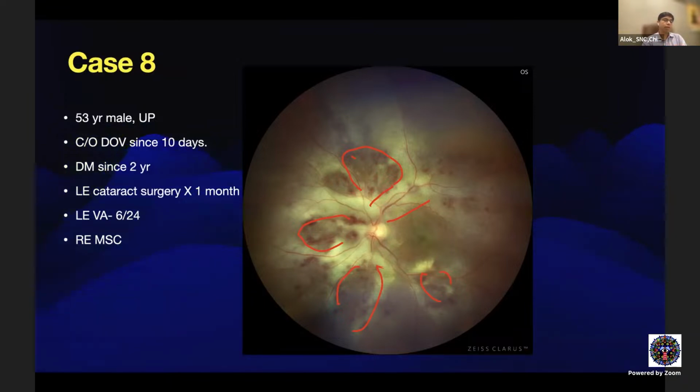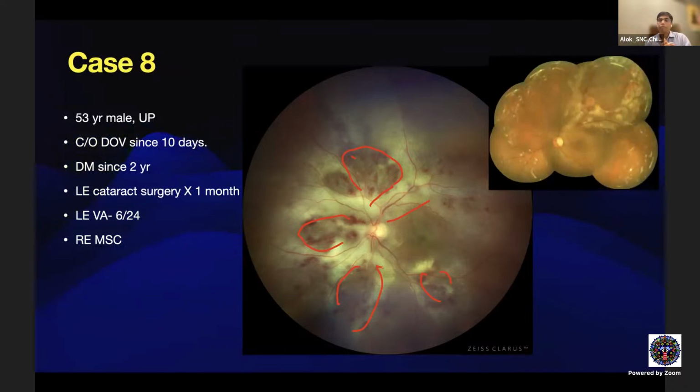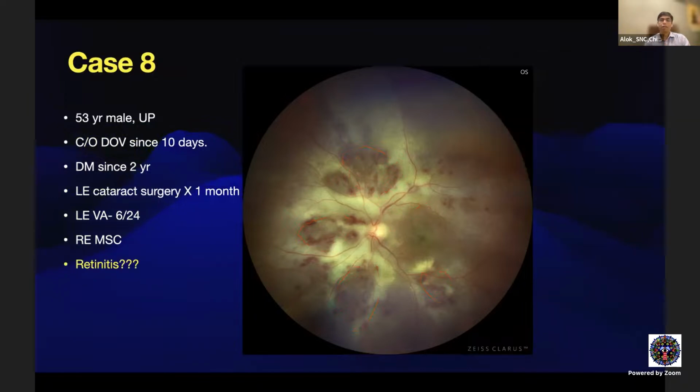So we thought initially on a cursory look that we might be dealing with some kind of retinitis. You can see a picture of CMV retinitis in the inset. And so we thought that we might be dealing with some kind of retinitis. But I'll come to that later.